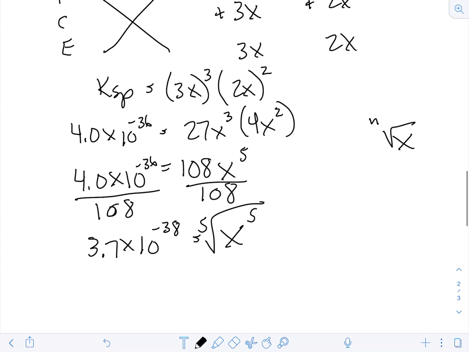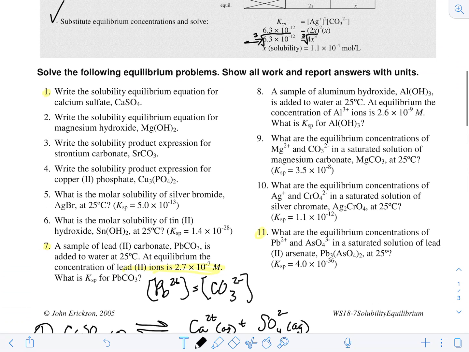And I want to take the fifth root of both sides. When I do that, I get 3.2, yeah, I'm going to make it 3.3 times 10 to the negative 8th. And the way to check that is to just raise that to the fifth power, and hopefully get the same number as you did initially.